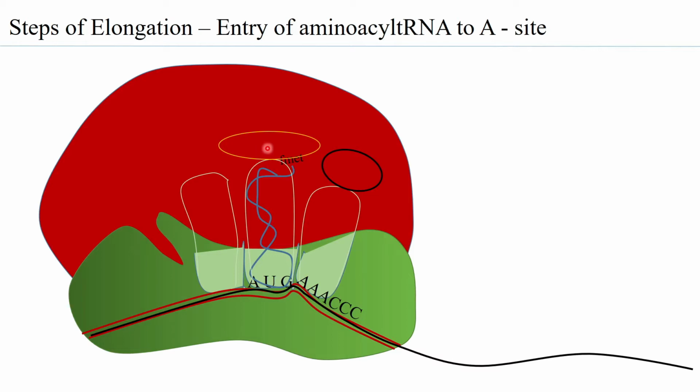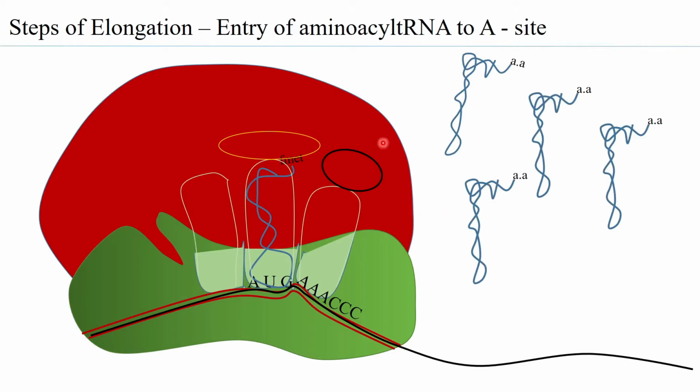So it is basically the 23S rRNA that acts as a ribozyme and forms the peptide bond. These two regions in the 50S subunit are very important for the elongation step.